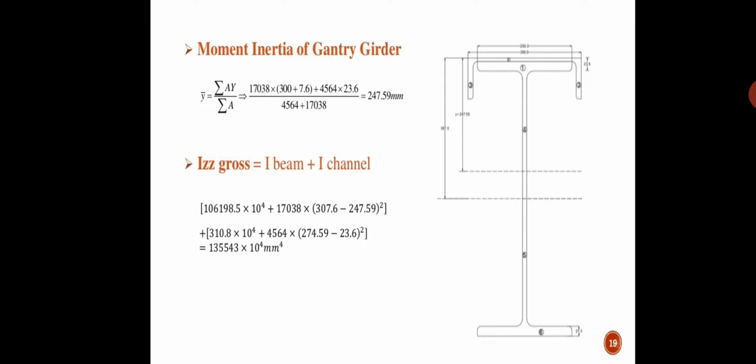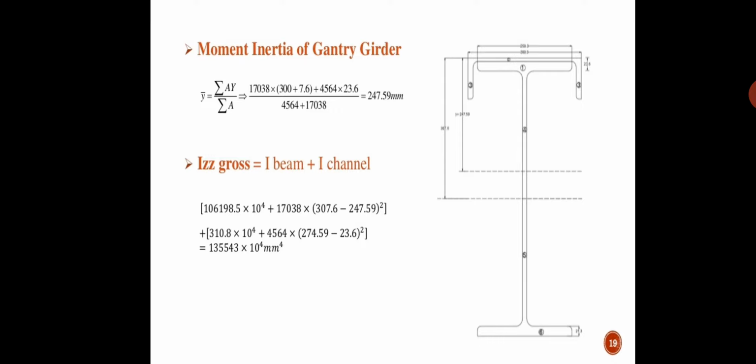So IZZ gross means I of beam plus I of channel section. So we already know IZZ of channel section, and converting into IZZ of beam plus IZZ of channel, we got IZZ for built-up section.